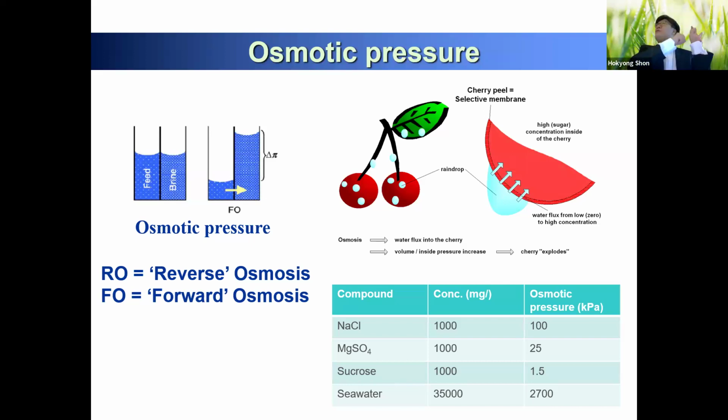This osmotic pressure continuously sucks in water molecules during the rainy time, and it keeps swelling and swelling. And then suddenly it is damaged because of too much water in your cherry. It keeps growing, and then it cannot tolerate the volume. So that's also one of the ways.